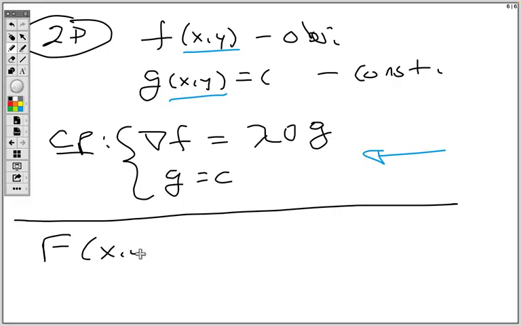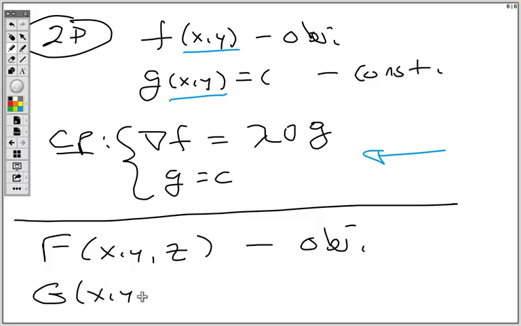But if you're optimizing a function of 3 variables, that's your objective function, and you've got a constraint that's got 3 variables, you can use the exact same thing, right? You just have the gradients here. You would get an equation for each component of the vector, x, y, and z, and then you'd also get the constraint equation. So that'd be 4 equations and 4 unknowns.